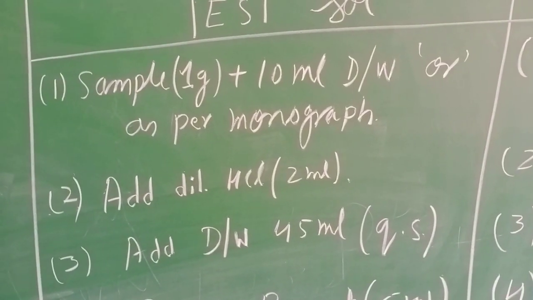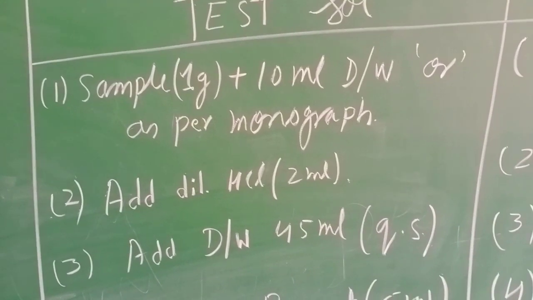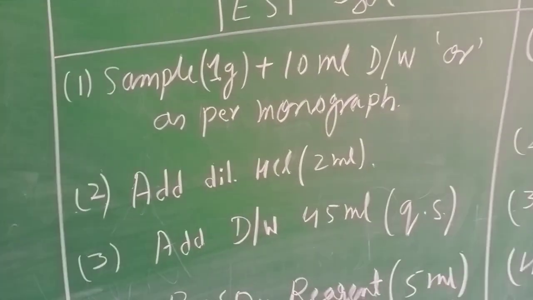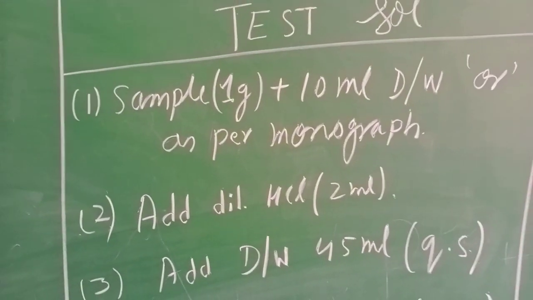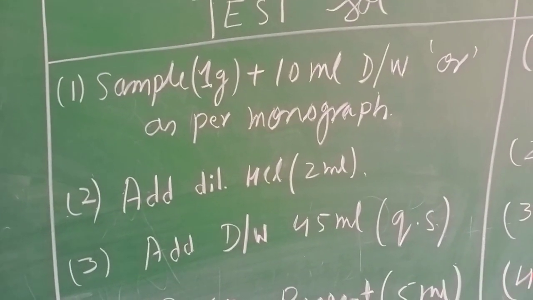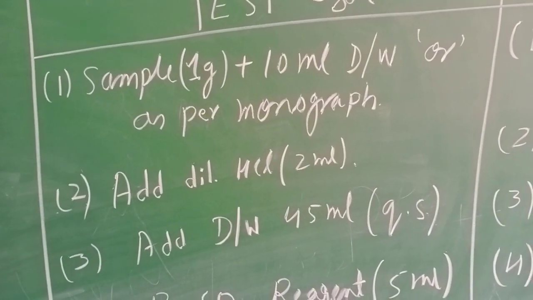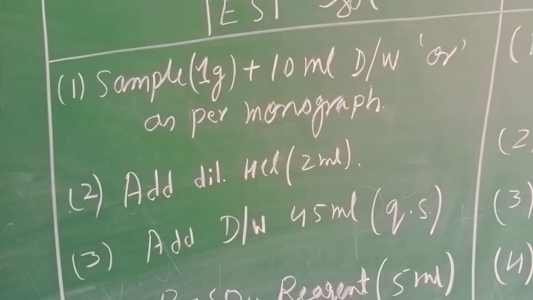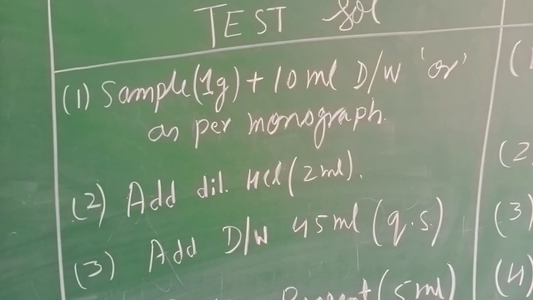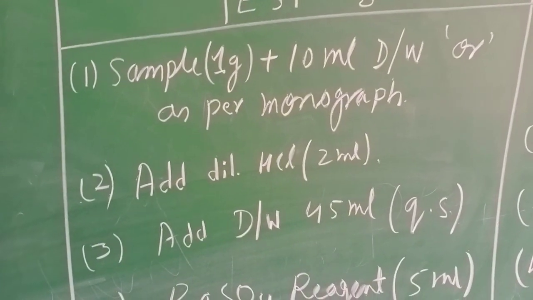So once the sample is dissolved in the 10 ml of distilled water, it must be transferred into the Nessler's cylinder in which the limit test of sulfate has to be performed.